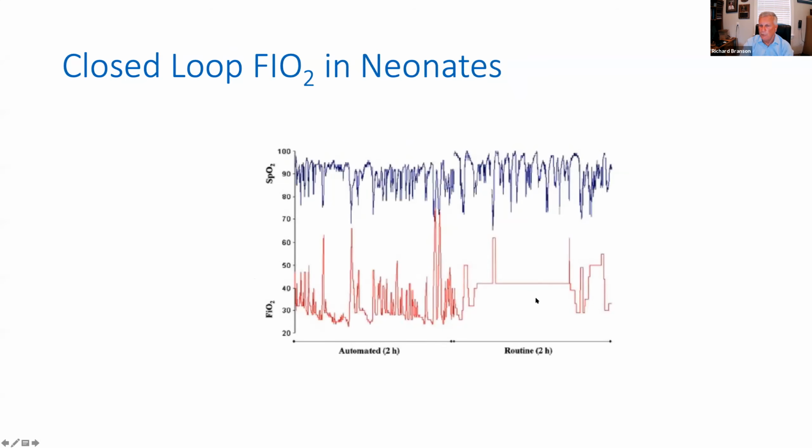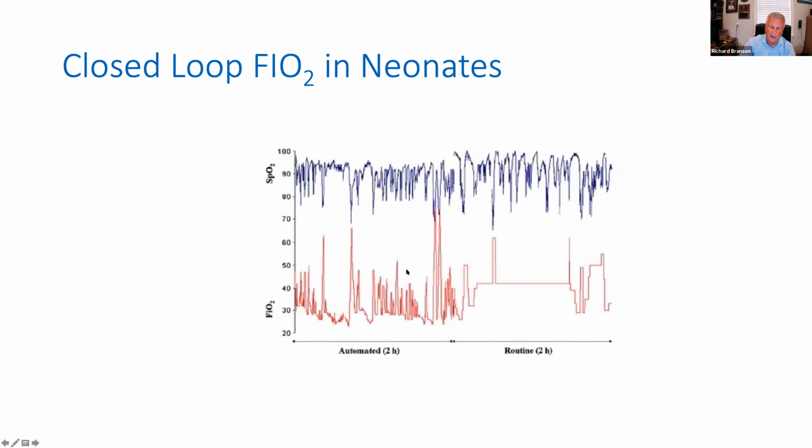And then you have routine control. So here, starting at the double bar at the bottom to the right from there, this is manual control by the nursing staff or the respiratory care staff. And you see a lot more incidence of hypoxemia, a lot deeper nadir values for SpO2. And look at all these SpO2s less than 80% that nobody did anything about.